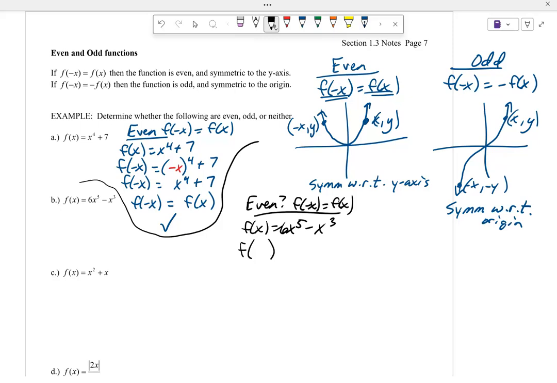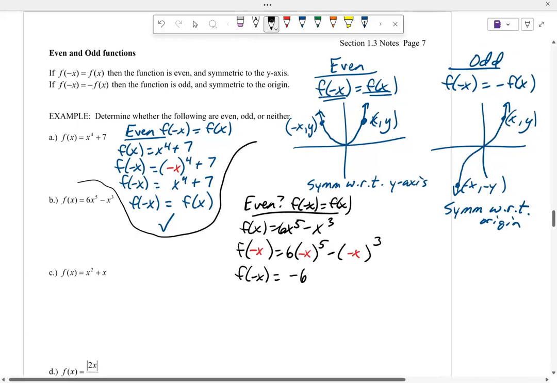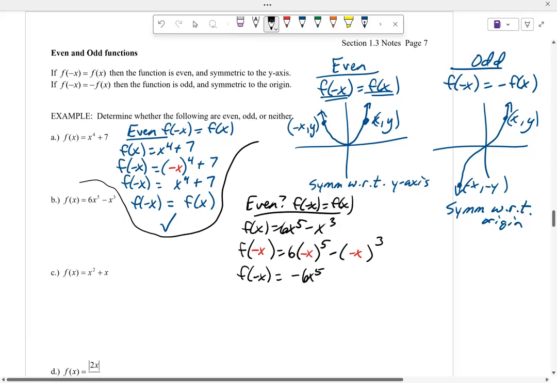Well, when I plug in negative x for x, I get negative x to the fifth is negative 1 times x to the fifth. Negative 1 times 6, so negative 6x to the fifth. Negative x to the third is negative x to the third. Negative times the negative in front is positive x to the third.